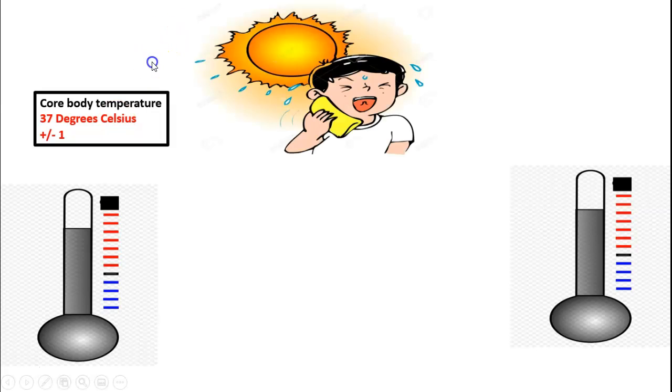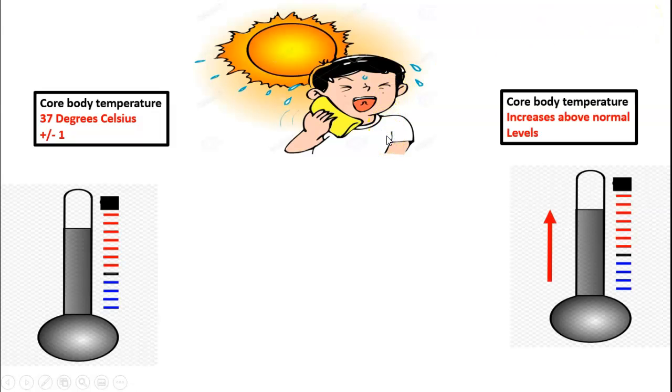Our focus today is going to be investigating the acute effects of exercising at heat on our core body temperature, and then the knock-on effects from that. So I'm sure you can work out that when you are exercising at heat, this can have an impact on our core body temperature by increasing it above that 1 degree fluctuation that would be considered normal.